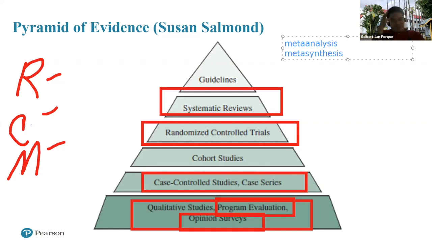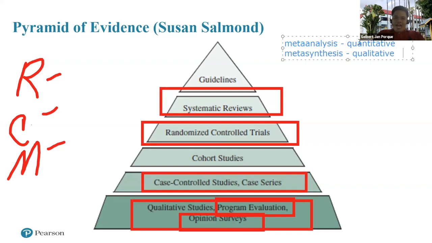These are what you refer to as systematic reviews. Your meta-analysis is an amalgamation of quantitative research, while your meta-synthesis is a synthesis of qualitative research.